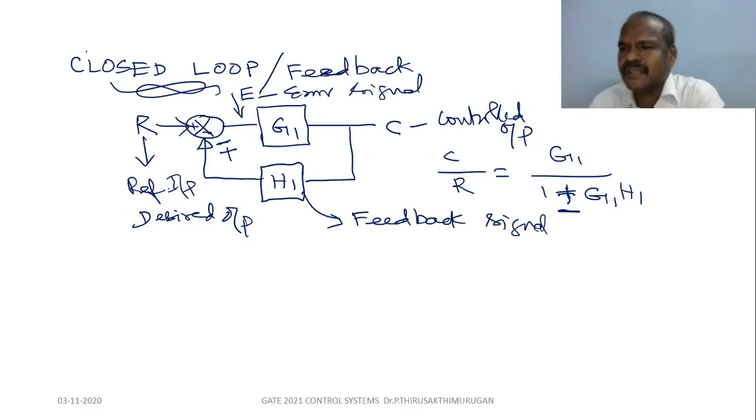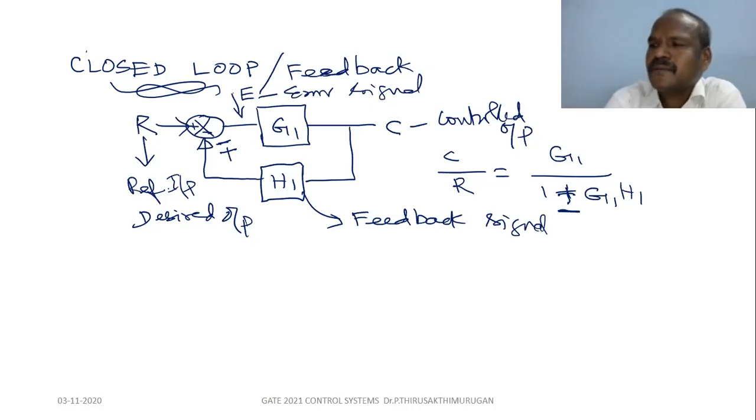So the input of the feed forward path and the output of the feedback path, when connected, give us the loop transfer function. We get the closed loop transfer function as G1(s) by 1 plus G1H1(s), right?